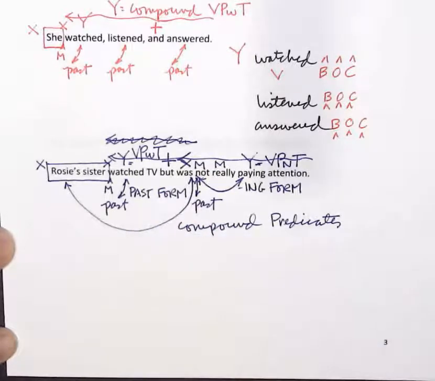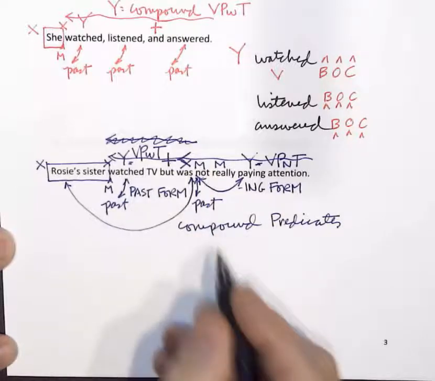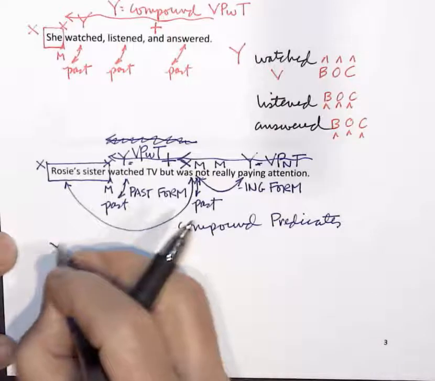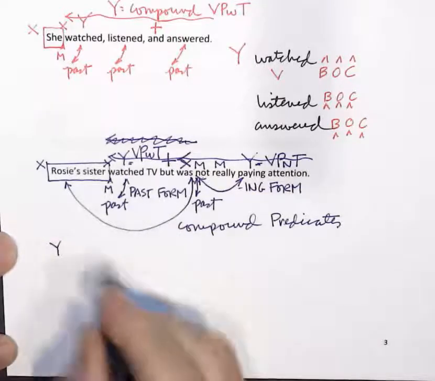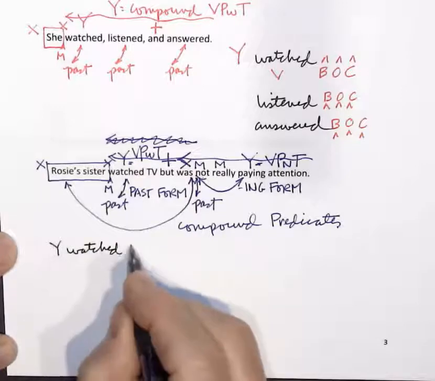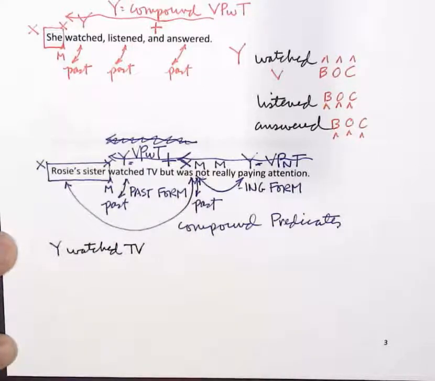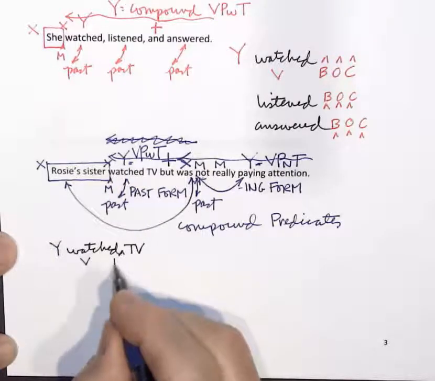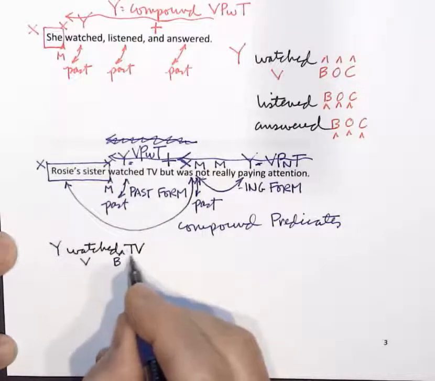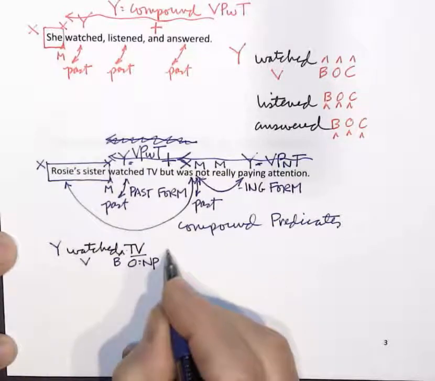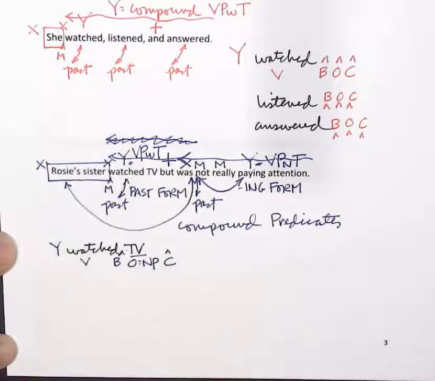So let's do one at a time, and let's rewrite our first predicate, our first Y. That would be watched TV, verb, particle, object, noun phrase, complement place is empty.